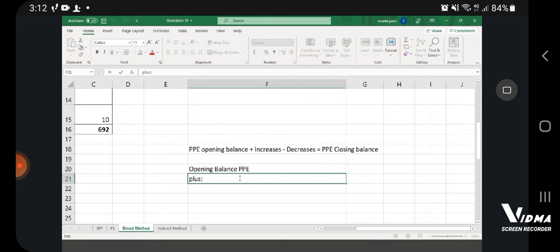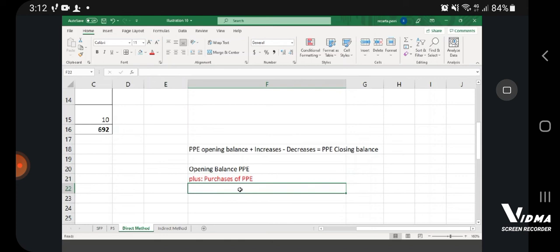Now, mention some kind of increases. Purchases of property, plant and equipment. This is what I'm trying to calculate. And I put that in red, so I know that this is what I'm trying to add and to find out over here. Any other change that may cause the increase in the property, plant and equipment? Any other change that may happen over here and cause the machinery, plant and equipment to increase?